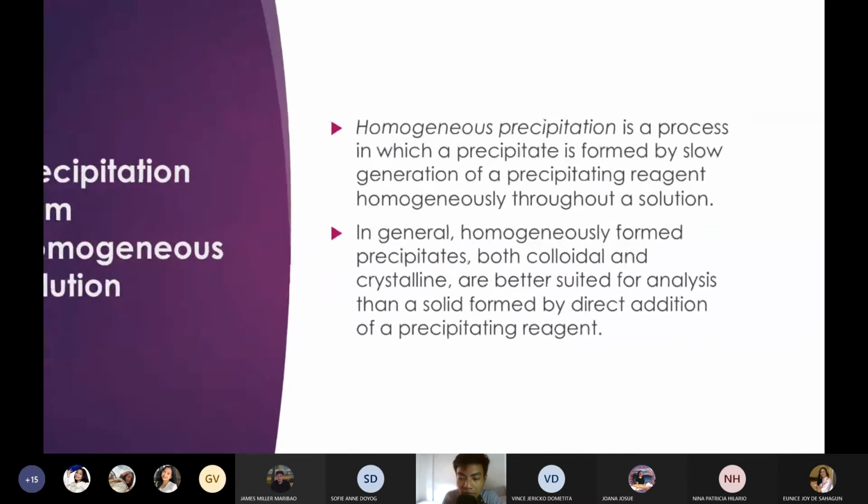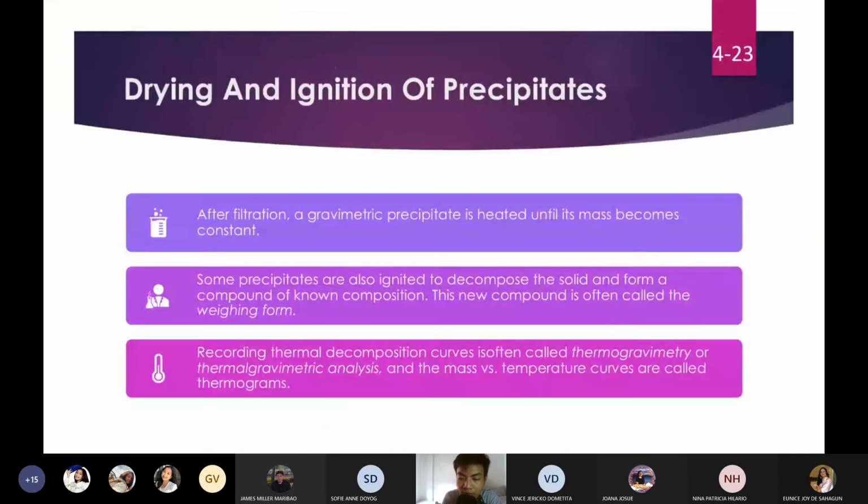nakwento ko na rin to kanina eh. Nakwento ko na tong part na to. So after mo mag-filtration or after mo mag-precipitation and pag-form ng colloids, ang next na gagawin mo is to dry or ignite your precipitates, di ba? So kunwari, ipinaghalo mo na yung dalawang ions mo, nag-form na yun ng crystals, nag-form na yung precipitate or ng colloids.